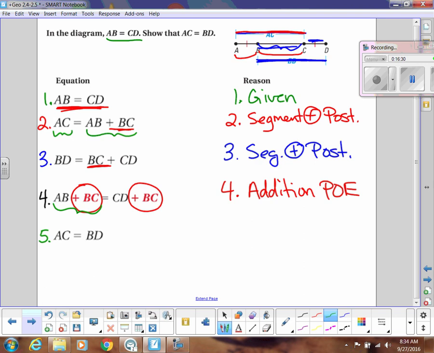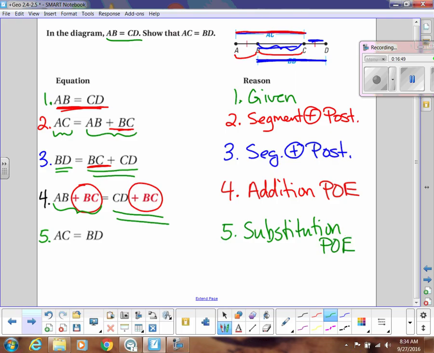And then the same thing over here, CD plus BC, we said that was the same as BD. So that's why we can replace that. So what do we call that replacement? That's substitution. So all we did was substitute equal things. So again, like I said, if you have questions about this, please ask about it in class.